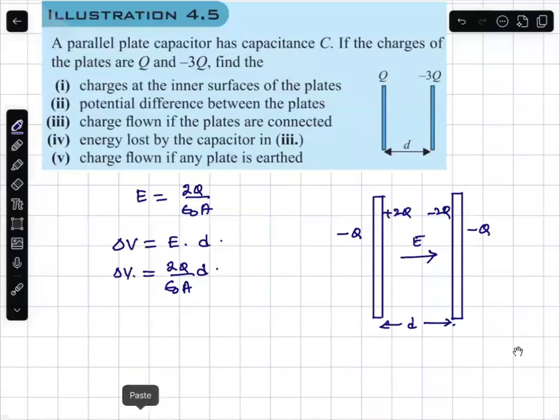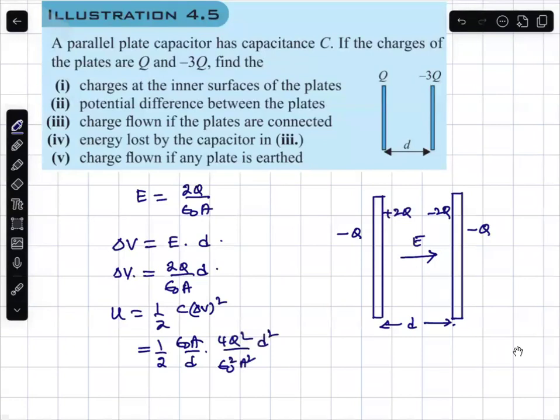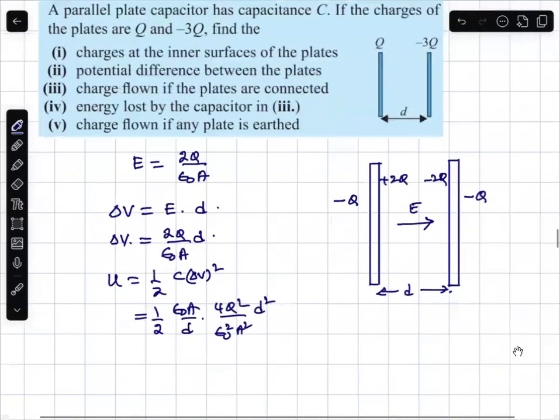Now, what is the energy stored in this system right now? Half C delta V square. Yes or no? Half C, epsilon naught A by D, into 4Q square by epsilon naught square A square into D square. Remember, this is the energy stored inside. I'll take U naught.